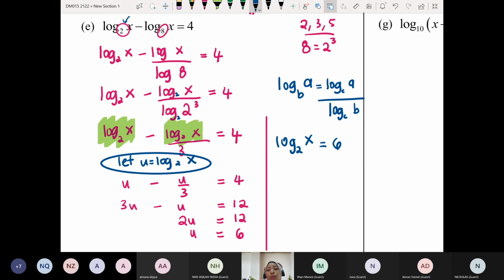So mestilah kita nak solve for X. So barulah menggunakan properties index, log tukar kepada index. So X, 2 bawa sana, 2 power of 6. So berapa jawapan? 64. Okay, so your answer is X equals to 64.